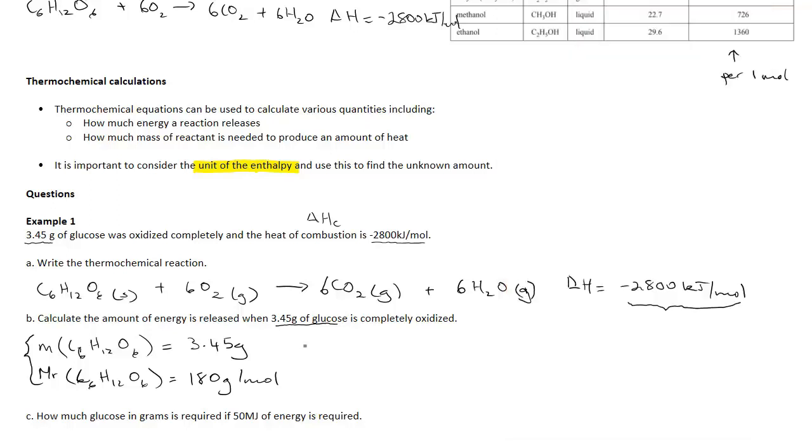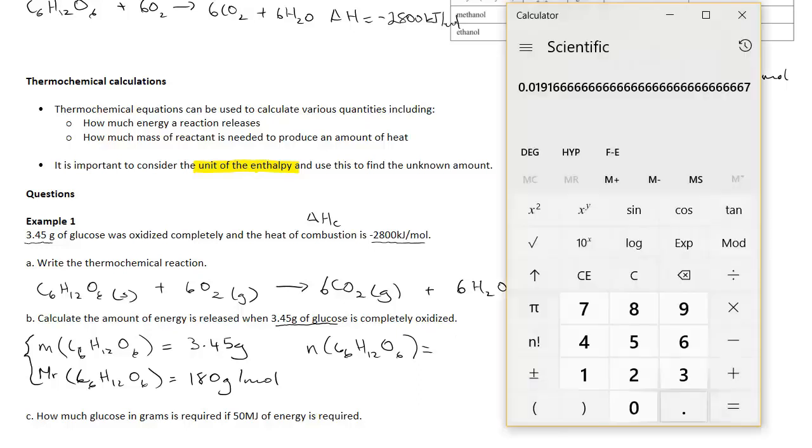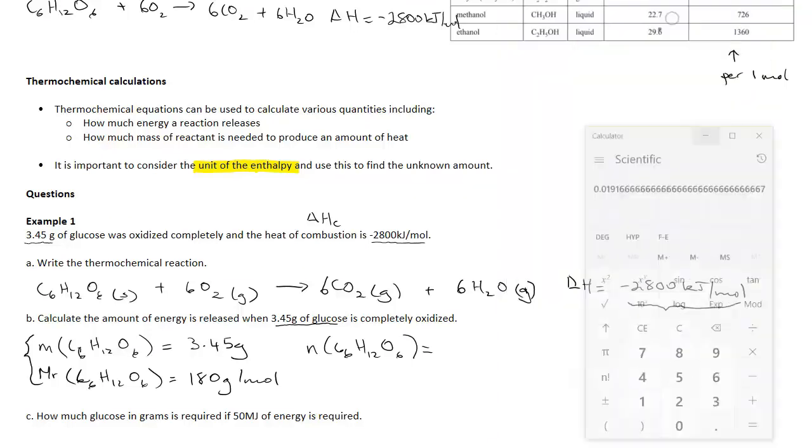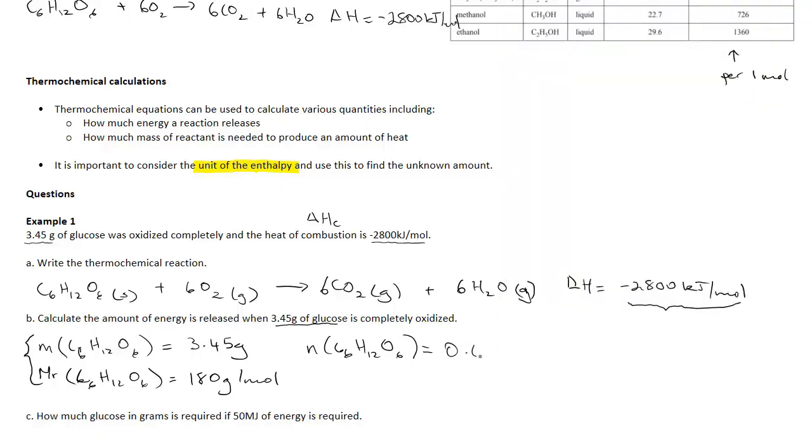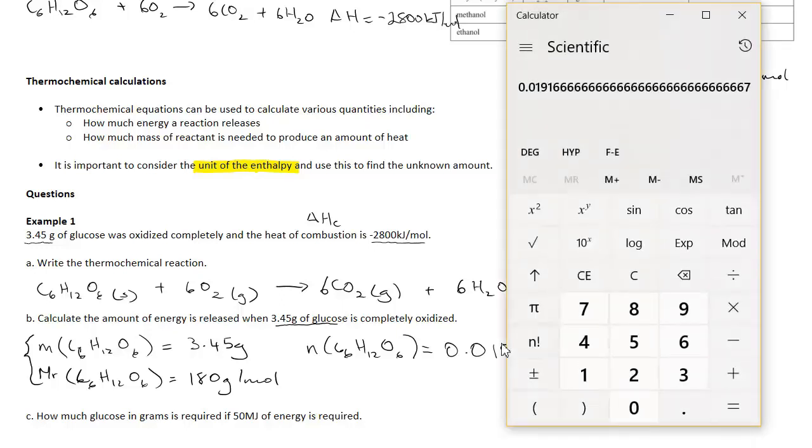So that gives us our mole. Mole of glucose is mass over molar mass. So that was 0.019166 mole. Okay, so that's our mole of glucose.